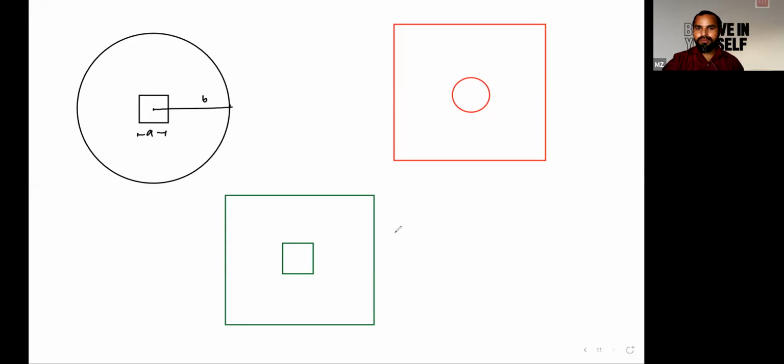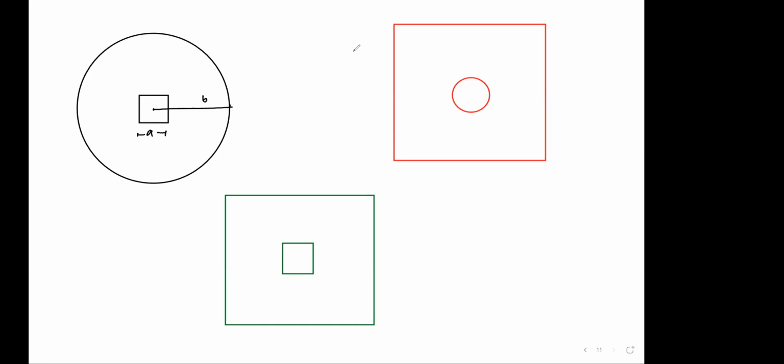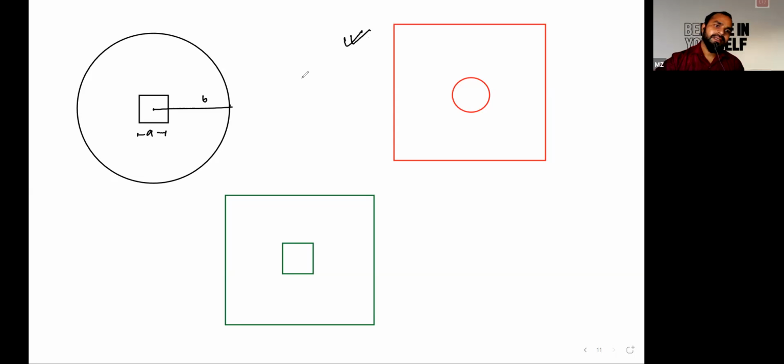Which one you would like to solve? First, second, third, fourth? First one. Just try to solve this one. Rest of them you can solve at your homework.